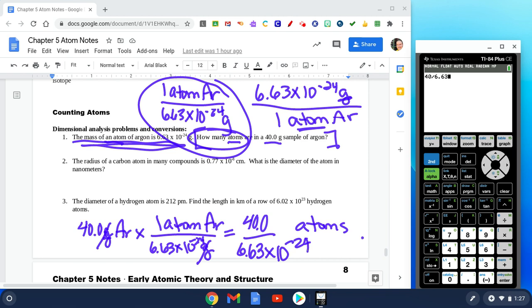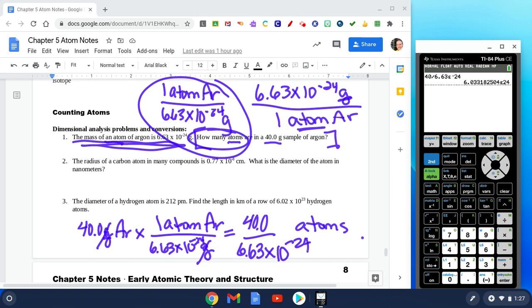Now, I like to use the EE button, so I'm going to put in second EE, which only shows up with one E on your screen, and then negative 24, and then enter. When you do this, it does the order of operations for you, so you don't have to use parentheses. I think that it's just more efficient than using times 10 with the little caret button.